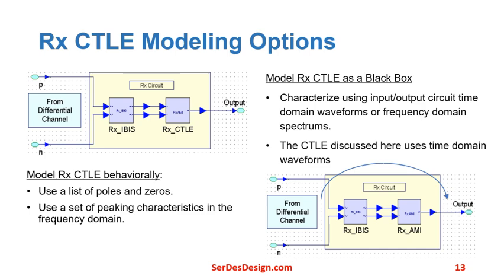Without a priori knowledge of the CTLE characteristics, the Rx circuit input to CTLE output time domain waveform or frequency domain spectrum characteristics can be measured with the Rx circuit input loaded into a matched 0 Hz load resistance. The CTLE discussed here uses time domain waveforms from the circuit simulations.